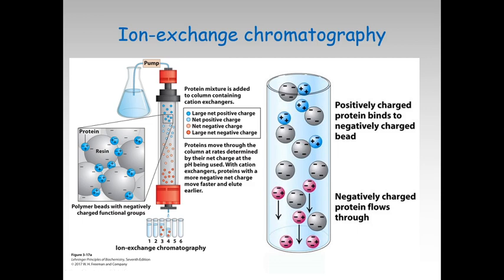Next is a technique called ion exchange chromatography. This technique exploits differences in the sign and magnitude of the net electric charge of proteins at a given pH. So basically, you separate proteins based on their charges.